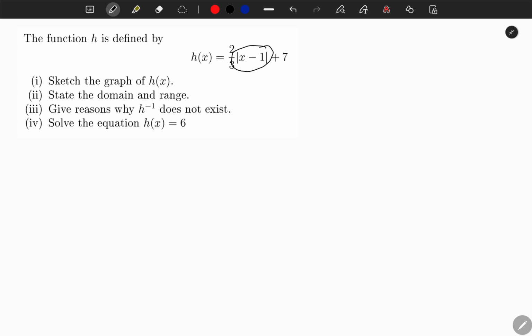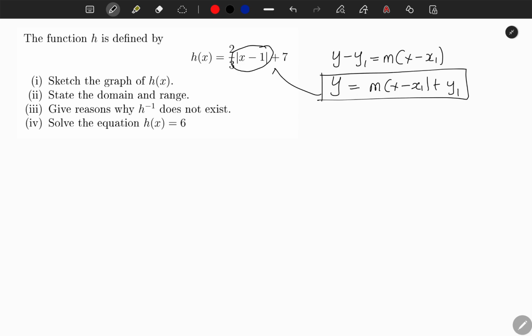Now let me take you back to secondary school. You remember this equation, right? Do you recall it? And if I make y the subject of the formula, I'll be getting this. Notice anything similar here? Yes, the number in front, 2/3, is actually our gradient.